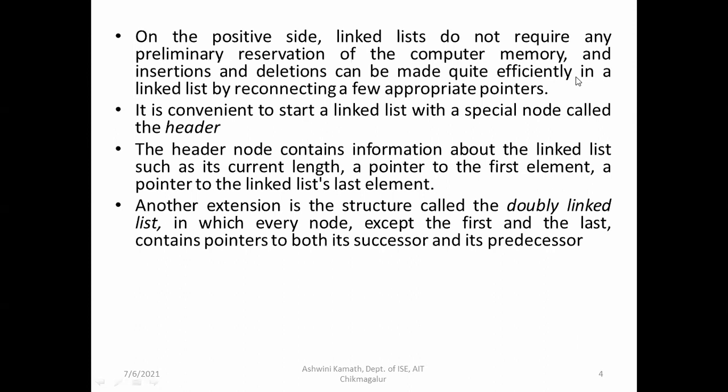Another extension is the structure called the doubly linked list. This also you have studied. A doubly linked list is again a collection of nodes. Each node has an information part and two link parts: the previous link has the address of the previous node, and the next link has the address of the next node.